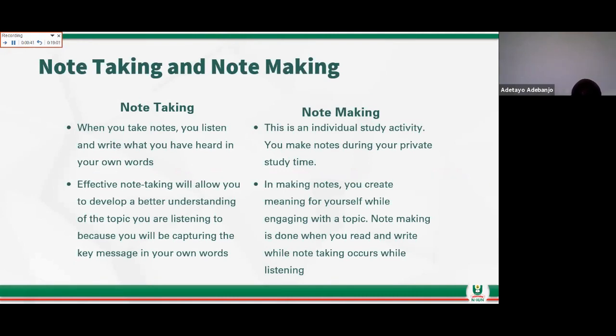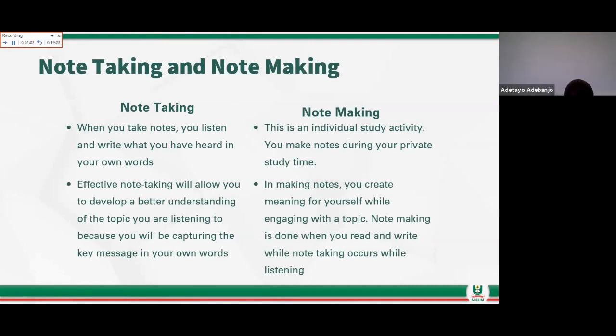Effective note taking will allow you to develop a better understanding of the topic you are listening to, because you will capture the key message in the words. Here you are going to just pull down the keywords and you develop it. Okay, this is what he's saying about this thing, and you put it. You are taking notes.